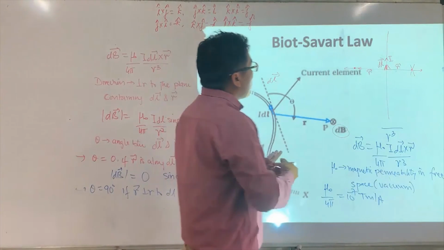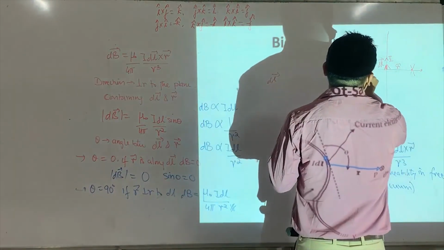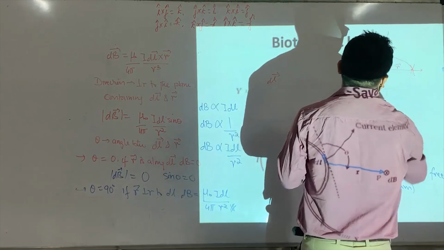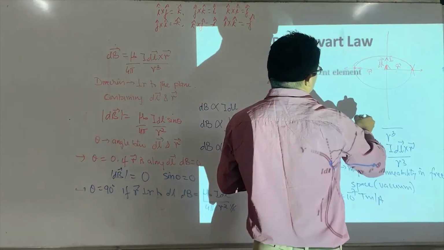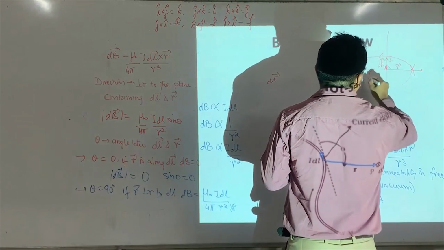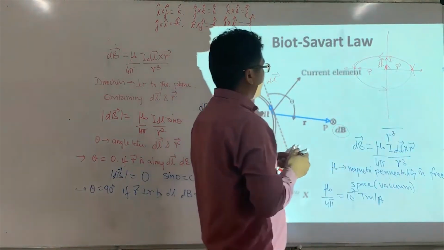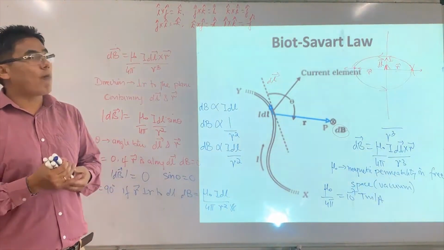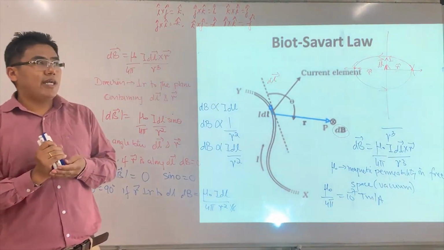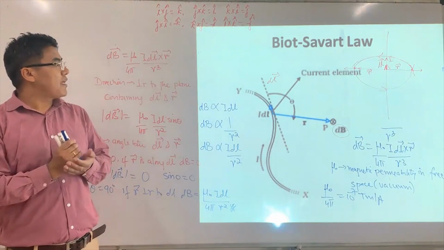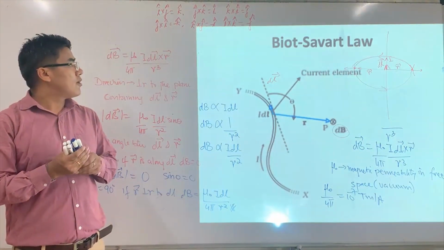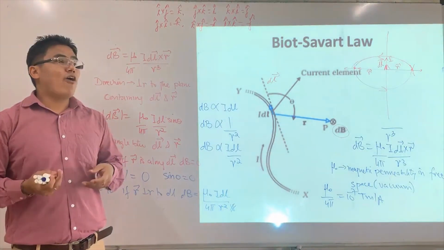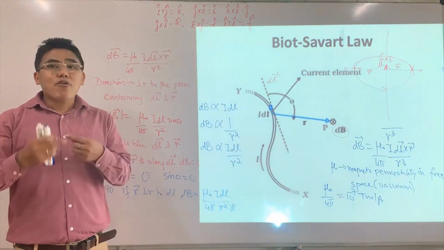Therefore, what we are going to get is a circle like this. This is the magnetic field. This is what we call the Biot-Savart law. I'm going to stop here. Next class we are going to use this Biot-Savart law to find the magnetic field due to a current.